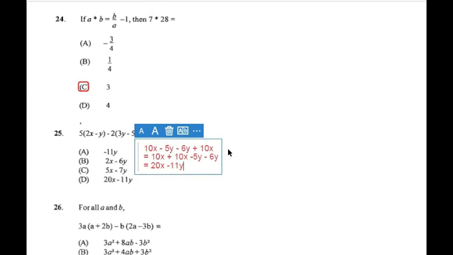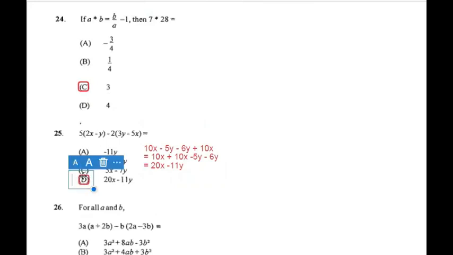You rearrange, put similar terms together, so it becomes 10x plus 10x minus 5y minus 6y, and the resulting answer is 20x minus 11y, and D is our answer for 25.